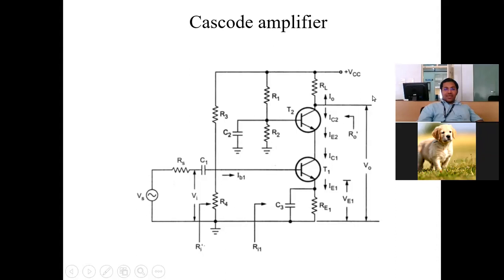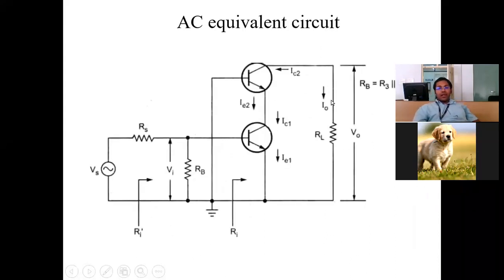One terminal is plus V0, another terminal is ground. So I can draw RL from here to ground. That's all. This is the equivalent circuit.